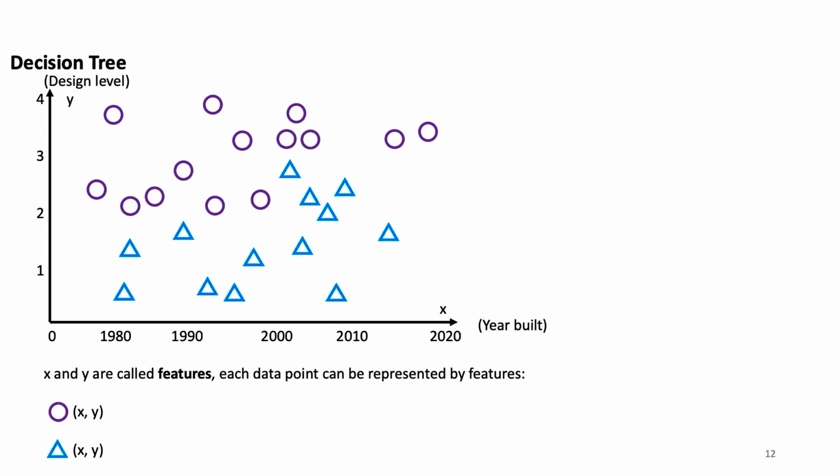And in the y direction, it means the design level, right? So here, x and y are called features of your data. So each data point can be represented by these features. And you can add many dimensions into these features. Here, this simple example has only 2 features, okay?